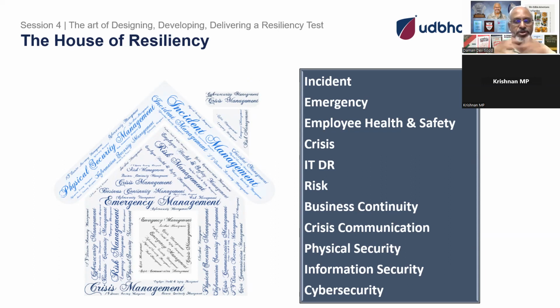Someone may say that's part of crisis management itself, so no challenges there. Physical security, information security, and cyber security. So these 11 components, according to me, are the house of resiliency. That's what I should be testing as a resiliency testing.